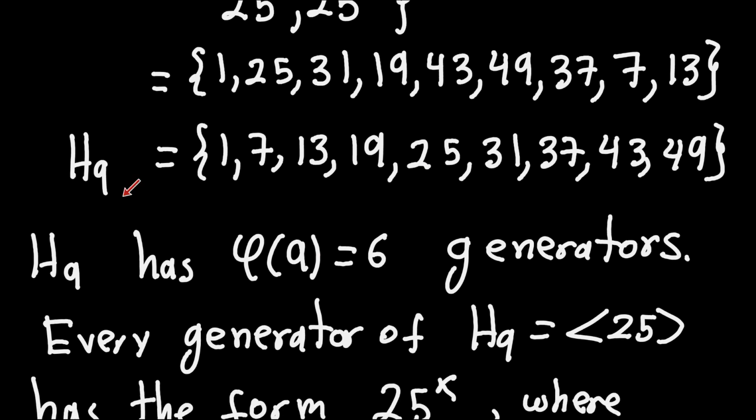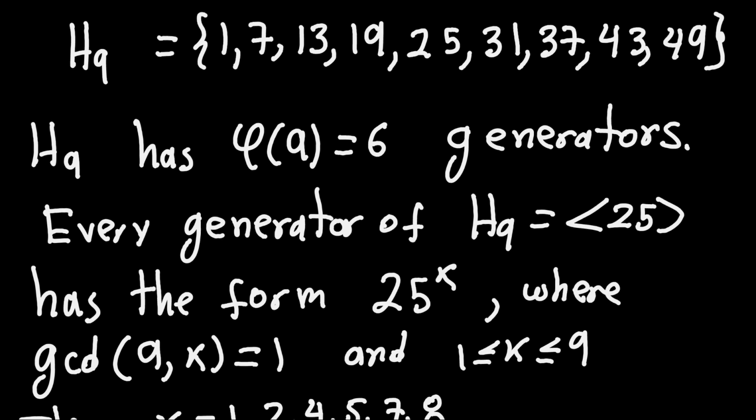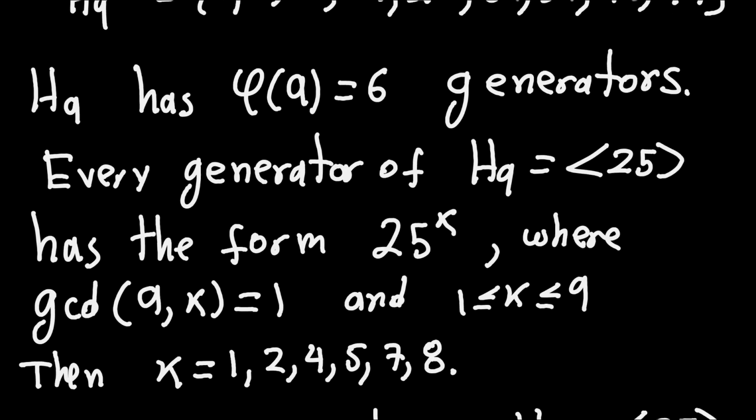So this H9 is going to have 6 generators, and again, the way we look at the generators is, if you choose one of them, which is 25, any other generator has the form 25 to the k, where the greatest common factor between k and 9 is 1. Why 9?